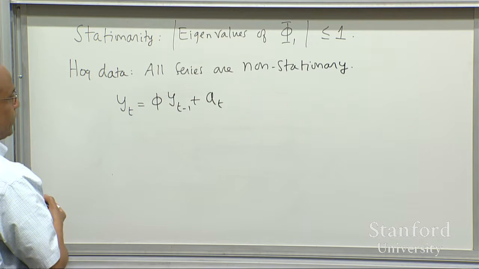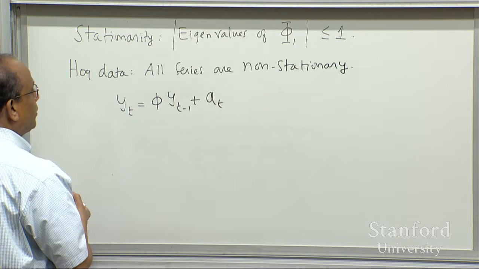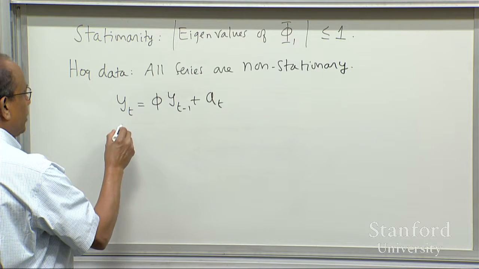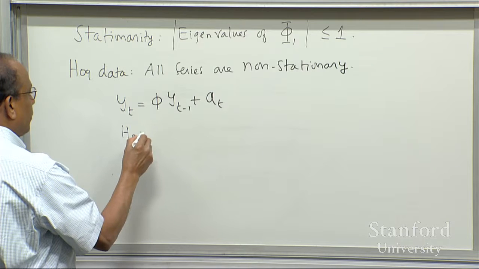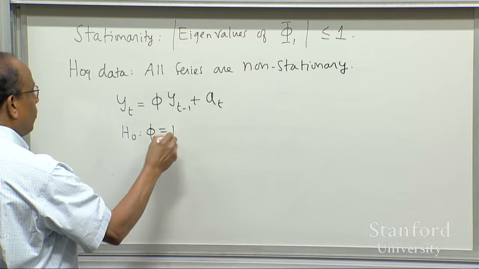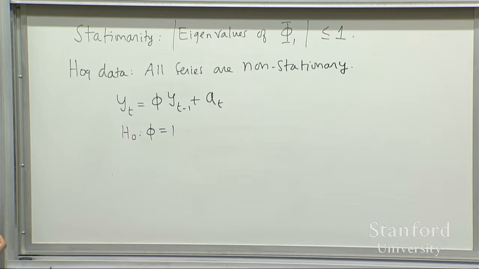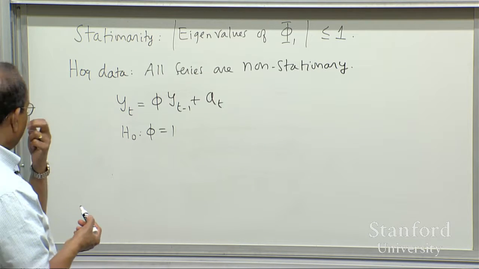So checking whether the process is stationary or not, we are checking whether the pi coefficient is equal to 1. That's what you are checking. Okay. Pi coefficient is equal to 1. Okay.